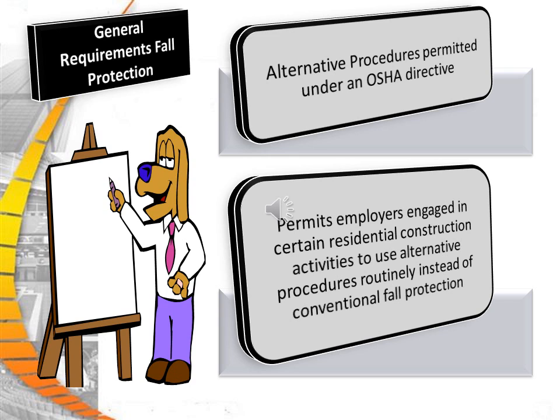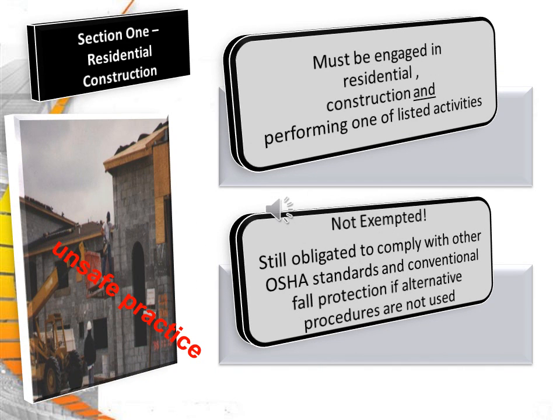They can permit employers engaged in certain residential construction activities to use alternative procedures routinely instead of conventional fall protection. The OSHA directive states that employers are not exempted and are still obligated to comply with other OSHA standards and conventional fall protection if alternative procedures are not used.